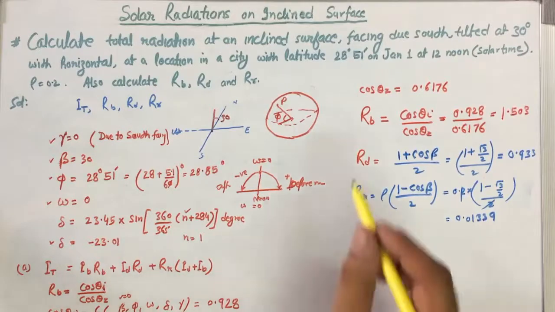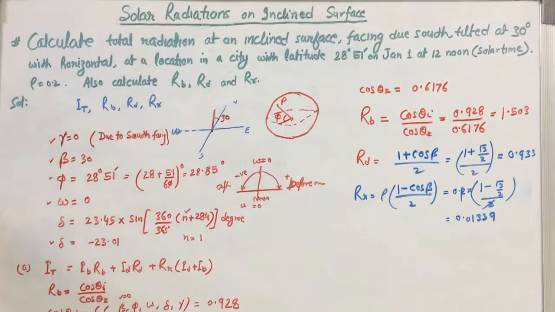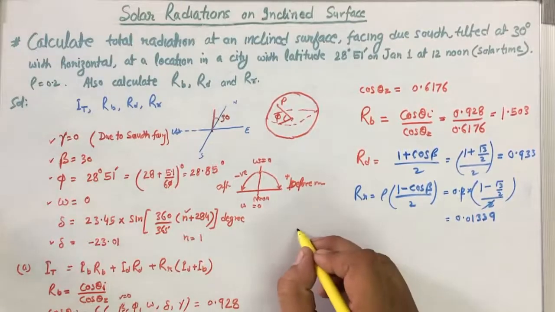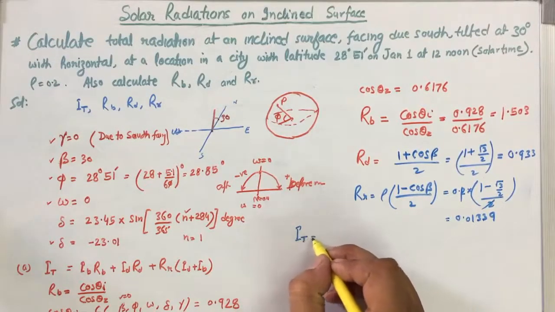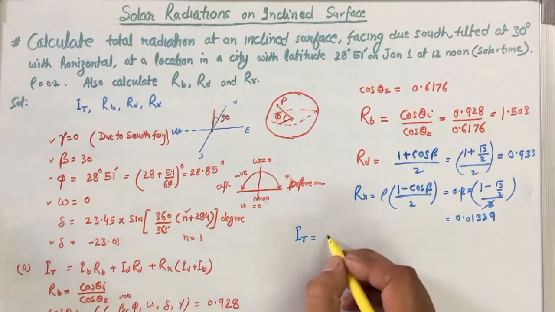So we know this, that was our requirement. Now the remaining thing is to find I, that is the total radiation, and to find I we need to find IB, and how can we find IB?